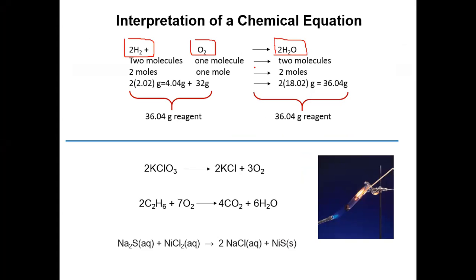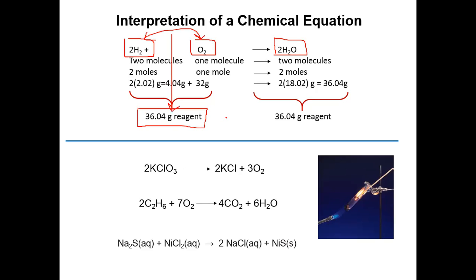We have a particular amount of molecules on the left-hand side and right-hand side, and all this amount taken together from the left-hand side is 36.04 grams of reagent. So if you add these two, you will have this amount of reagent.